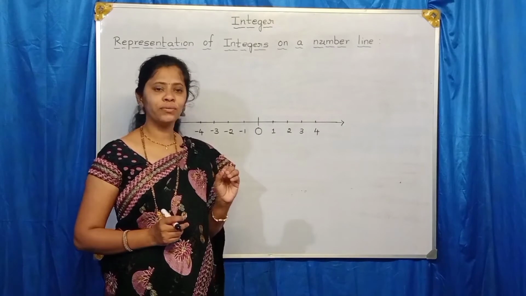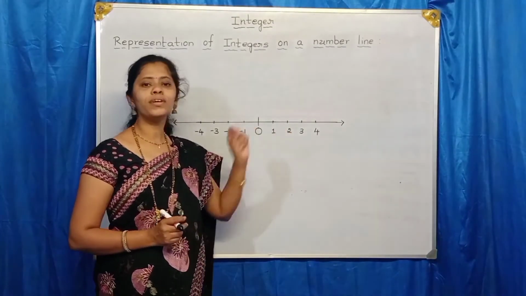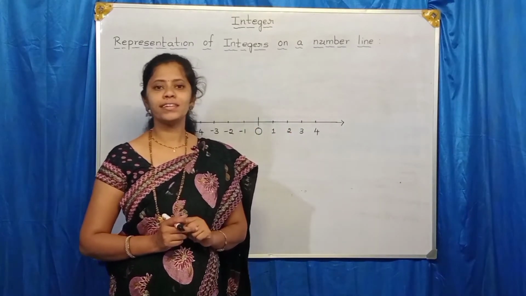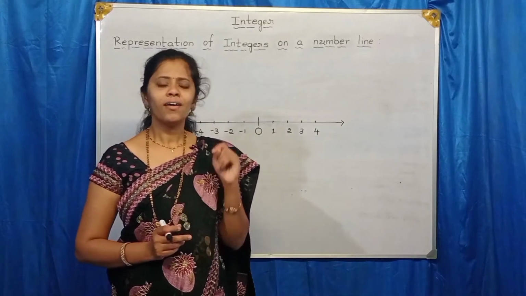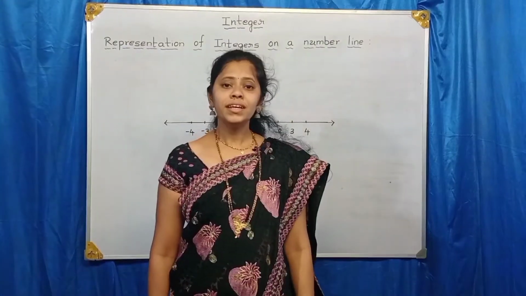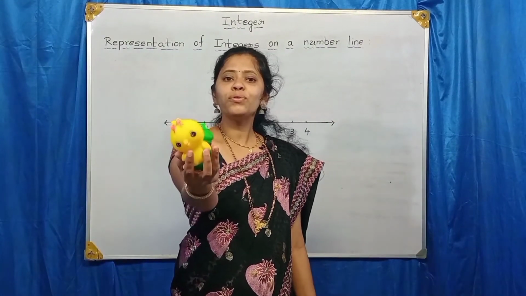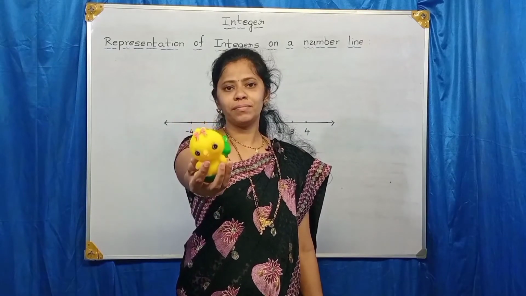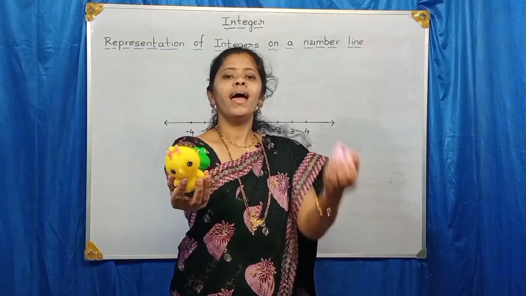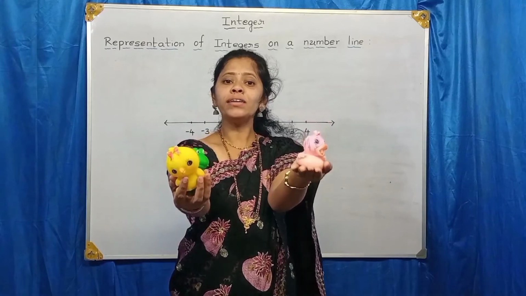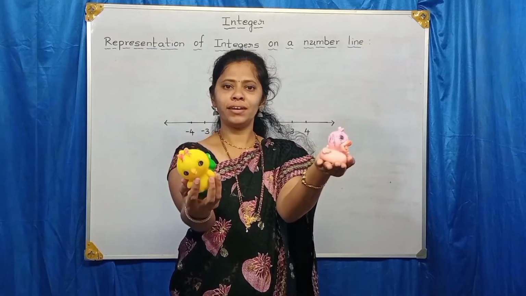Now if I ask you, is 1 greater or is 2 greater, what is your answer? Or simply I will ask you, see here, I have 2 dolls in my right hand. Okay? And I have only 1 doll in my left hand.